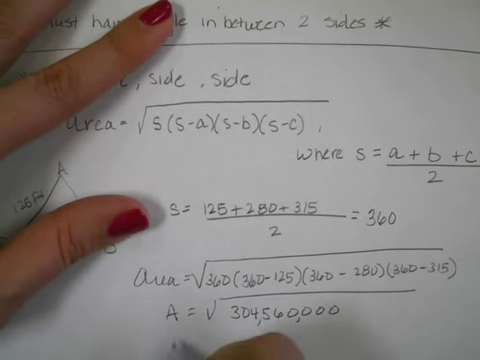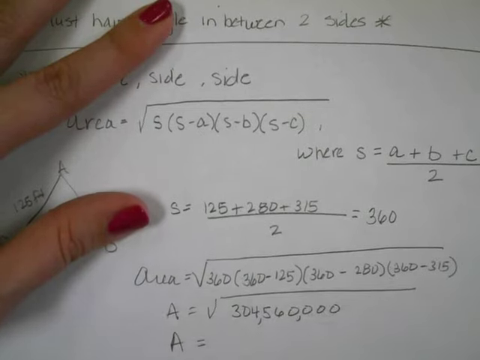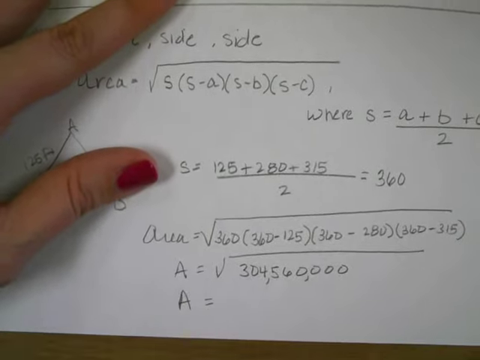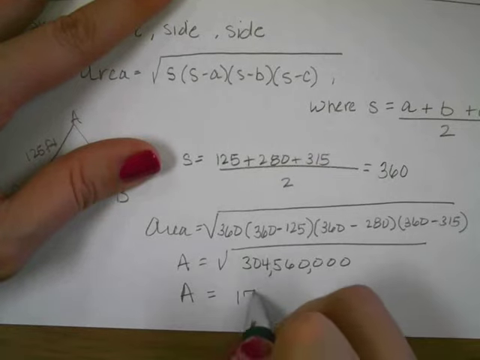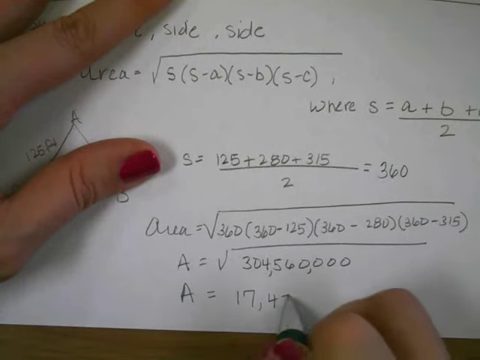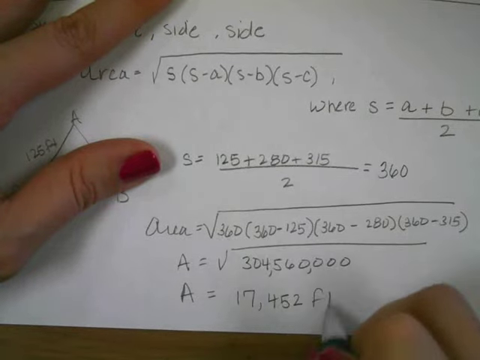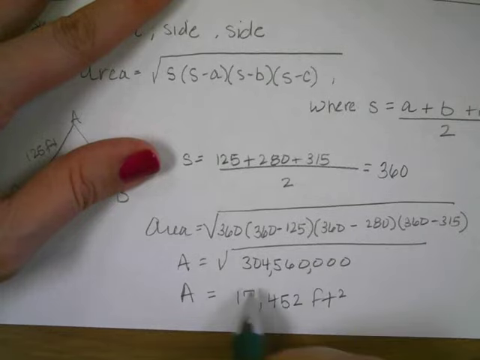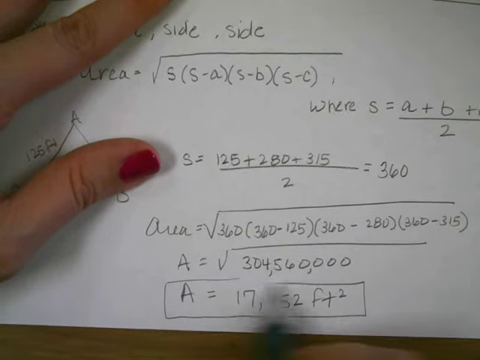And then if you take the square root of that, we come up with the area of this triangle, which is 17,452 square feet.